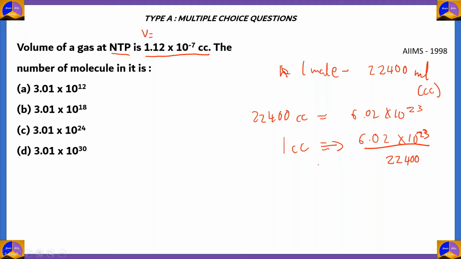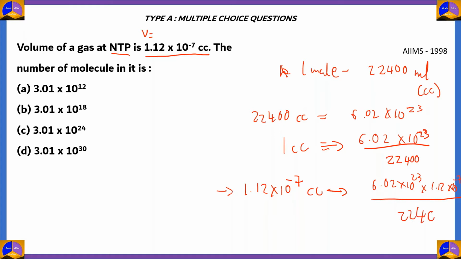And since our volume here is 1.12 into 10 raised to minus 7 cubic centimeters, it contains 6.02 into 10 raised to 23 times 1.12 into 10 raised to minus 7 divided by 22400 molecules. So that is our calculation.